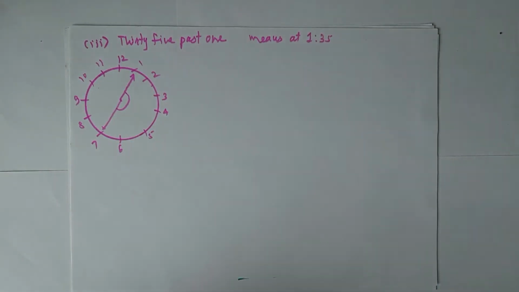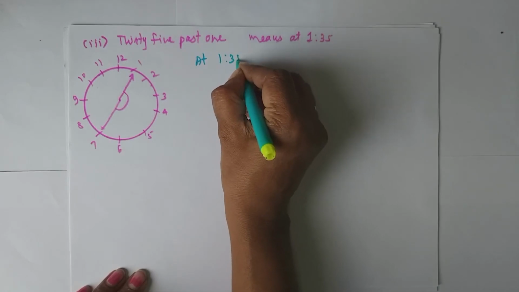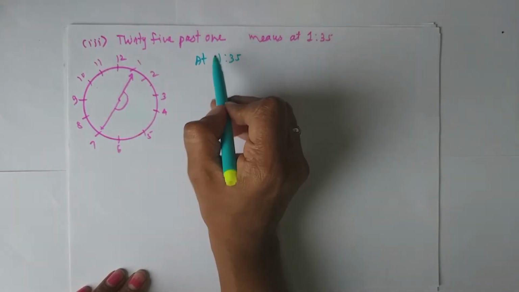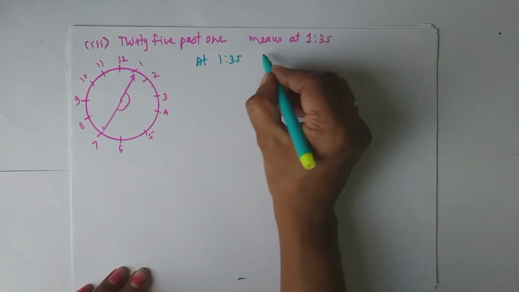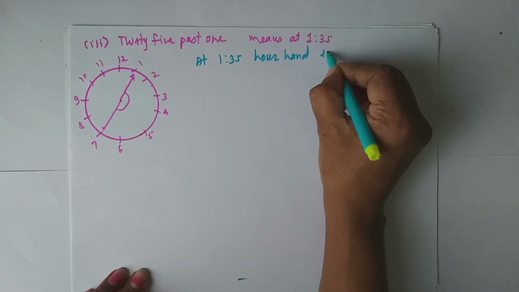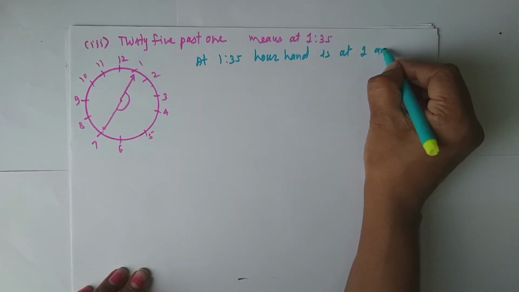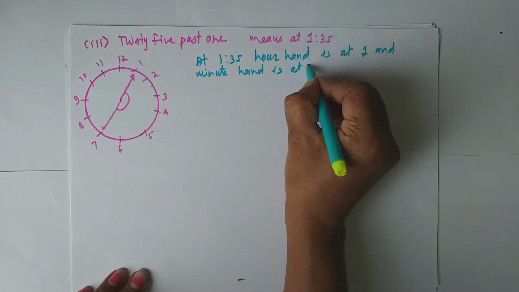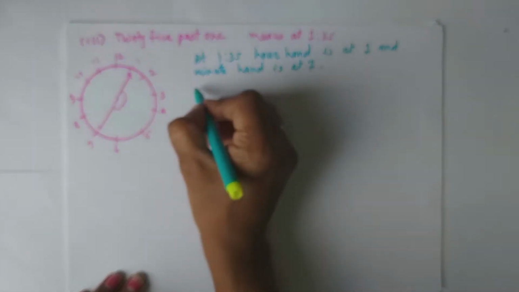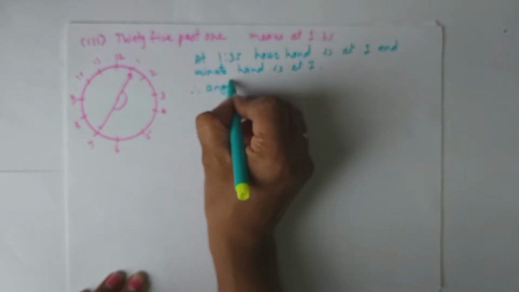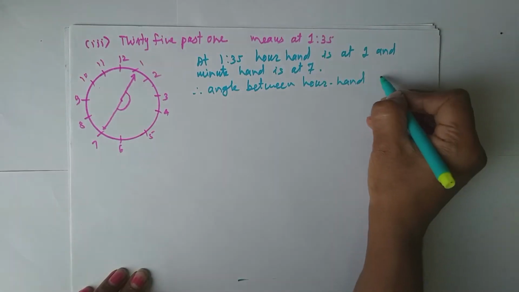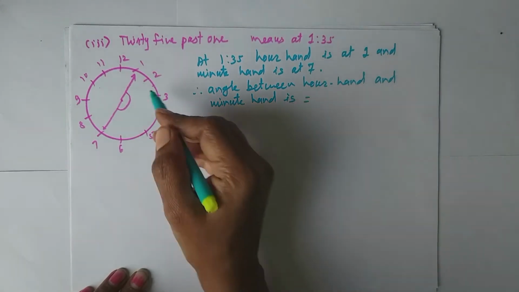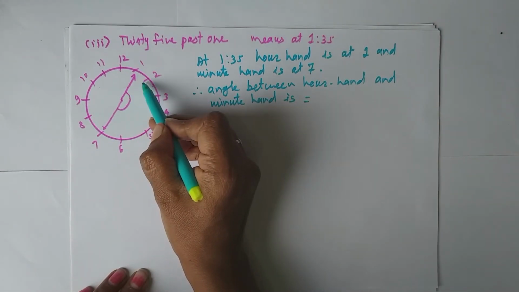Okay. You write down here at 1:35, at 35 past 1, that is at 1:35, hour hand is at 1 and minute hand is at 7. Okay. Therefore, angle between hour hand and minute hand is, see, in one division hour hand moves 30 degree.